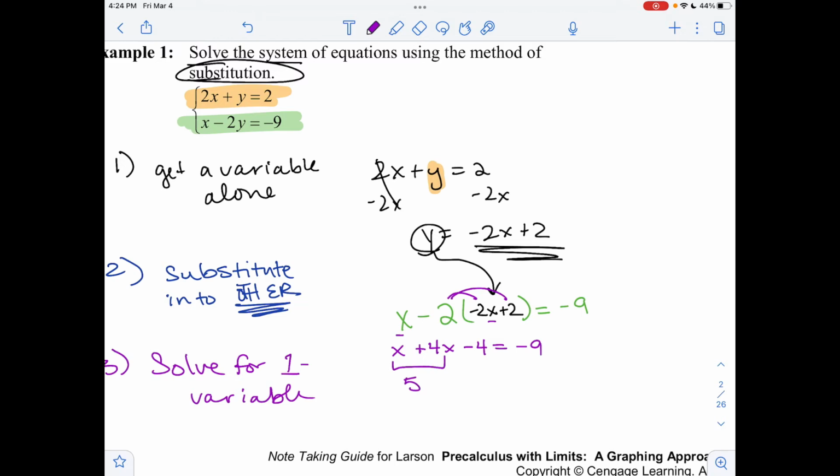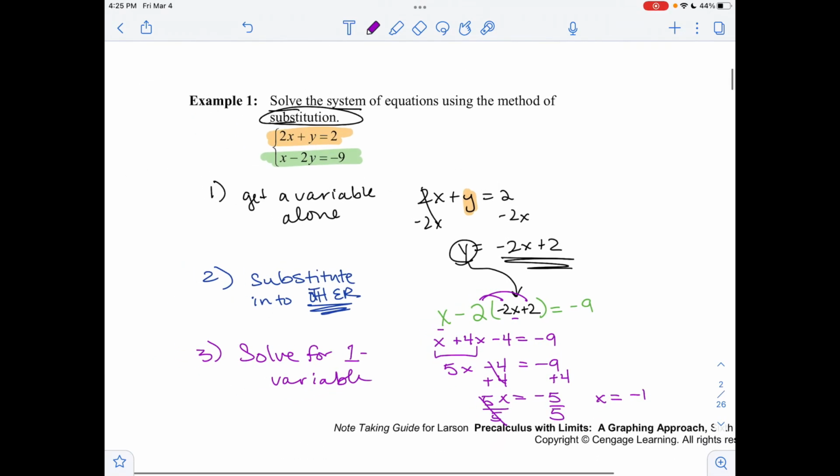We're going to combine like terms, and then add 4 to both sides. We get 5x equals negative 5. Divide both sides by 5, and we get x equals negative 1. And then step 4, we're going to back substitute.